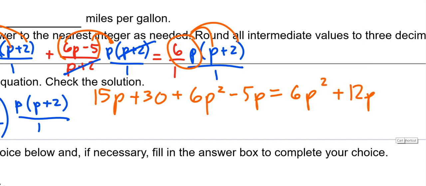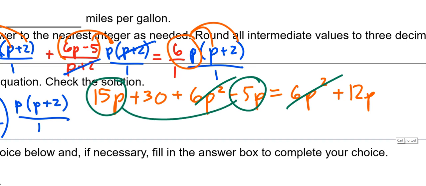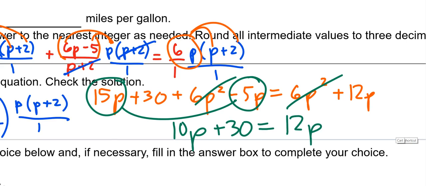Do you see anything that cancels out on both sides of this equation? Something very nice cancels. We got those gone. 6p squared, they're gone, which makes my life a whole lot easier. Okay, combining my like terms. 15p minus 5p gives me 10p plus 30 equals 12p. Okay, and then what? Minus 10p.